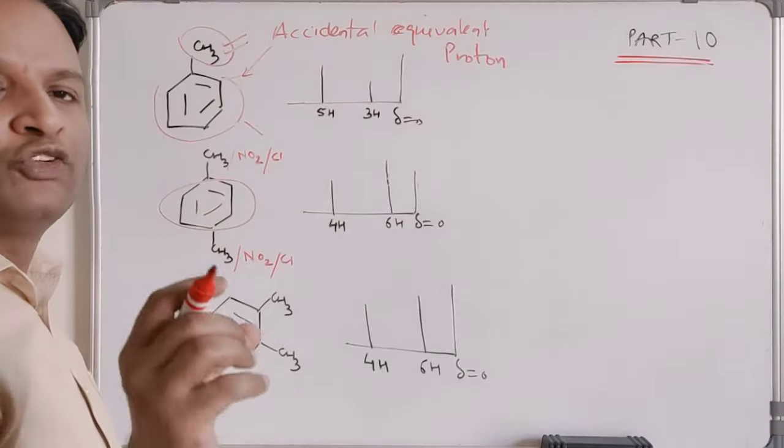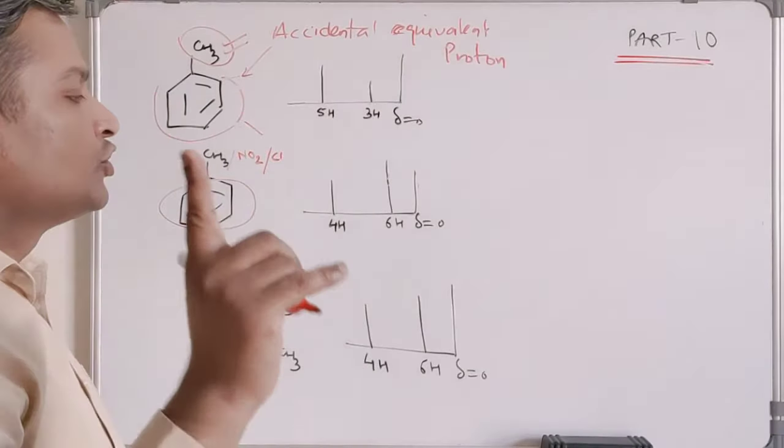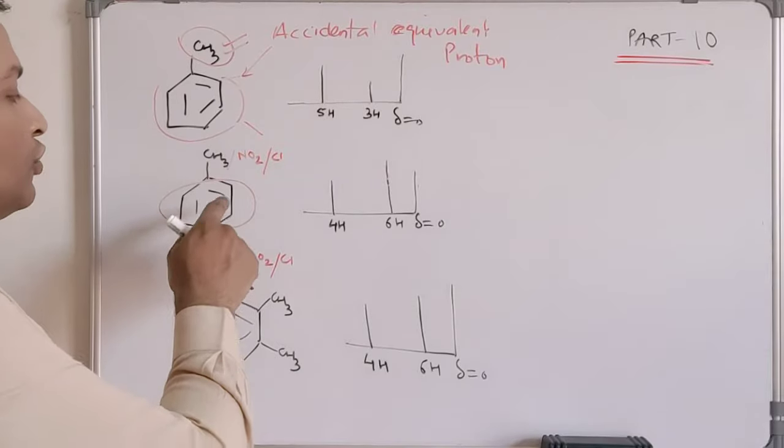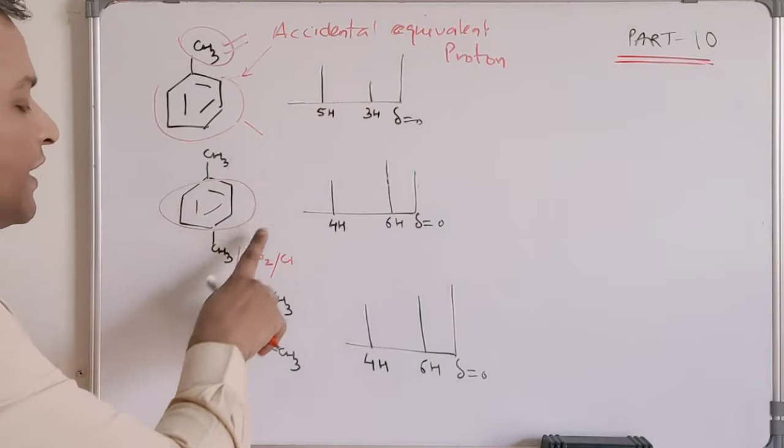All will show only 1 proton environment, so we get only 1 peak for the benzene ring system. So we are considering the paraxylene system.